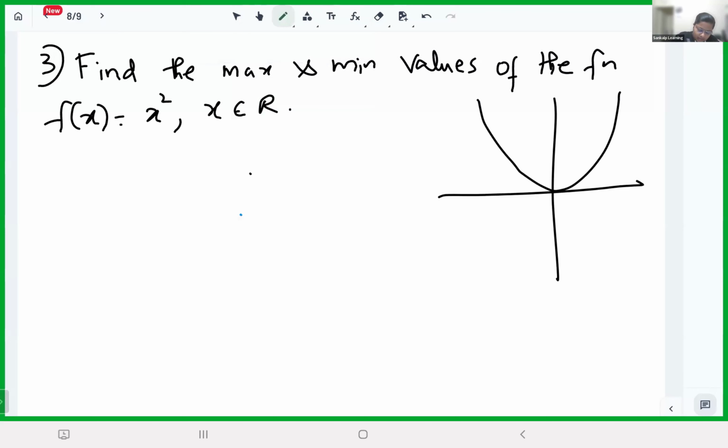You have to find out the maximum as well as the minimum values of this function. Which function? f(x) = x².